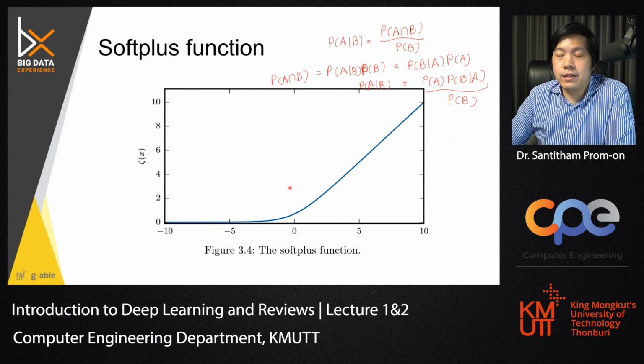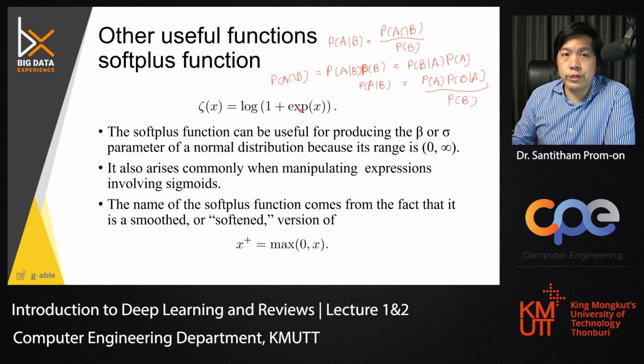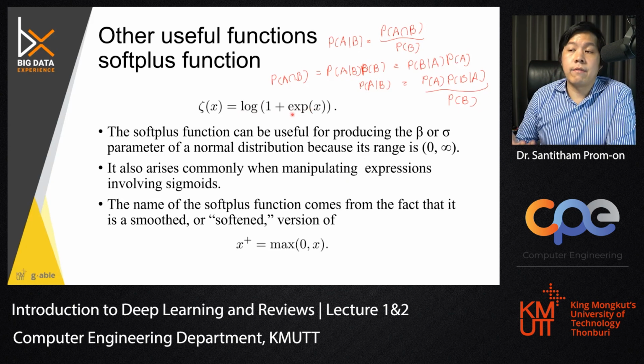In deep learning there's an activation function called ReLU, rectified linear unit. Softplus can replace that because it is differentiable. ReLU is not differentiable, right? This might arise later on.